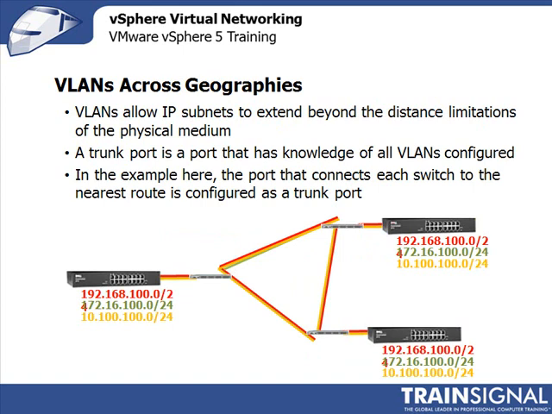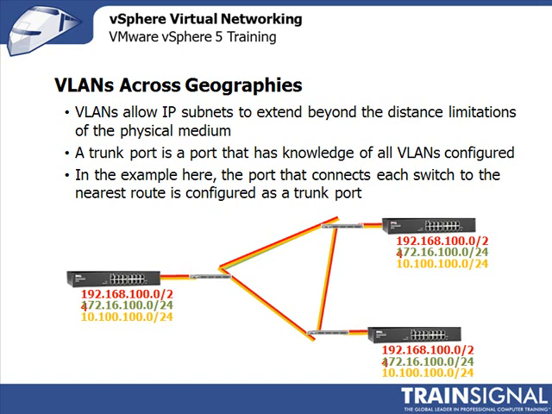VLANs also allow IP subnets to extend beyond the distance limitations of the physical medium. So typically what happens is a VLAN is present in the configuration of one physical switch, but the VLAN on switch A, for example, doesn't know about VLANs that are available on switch B, and thereby it cannot pass traffic to those VLANs.